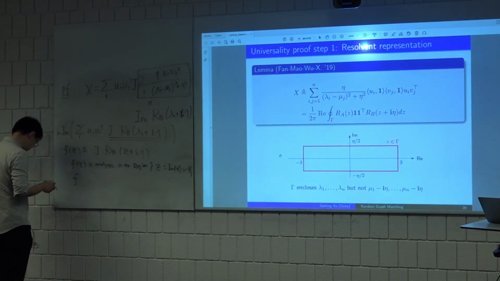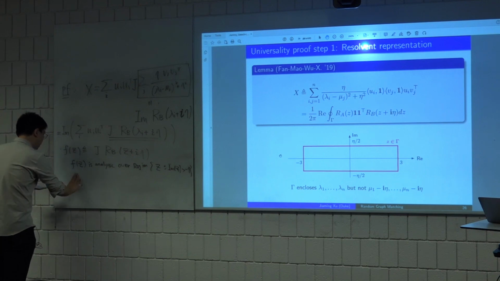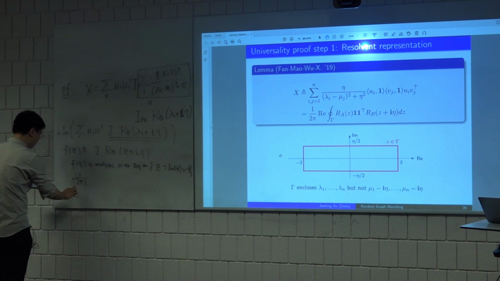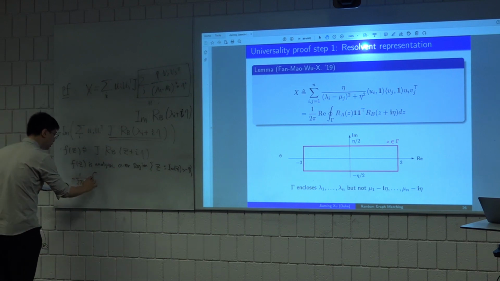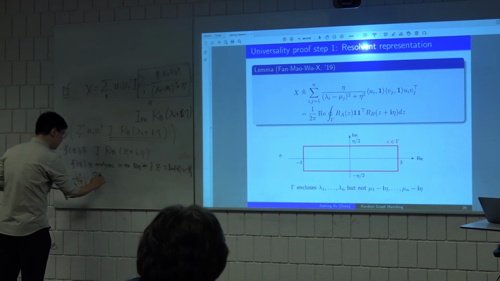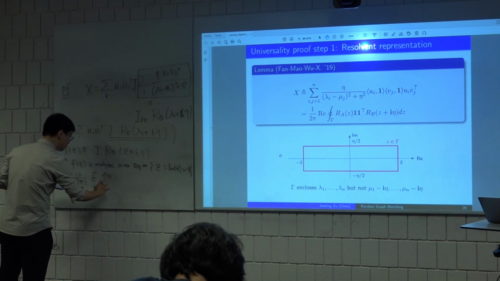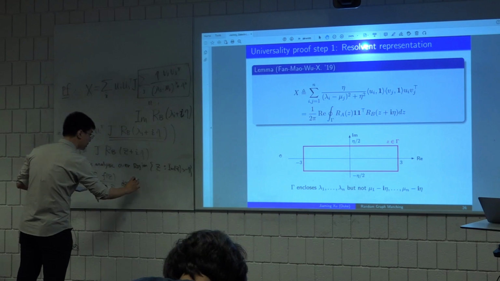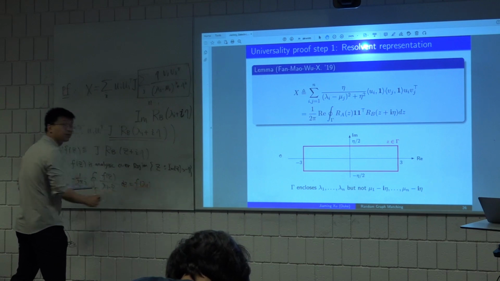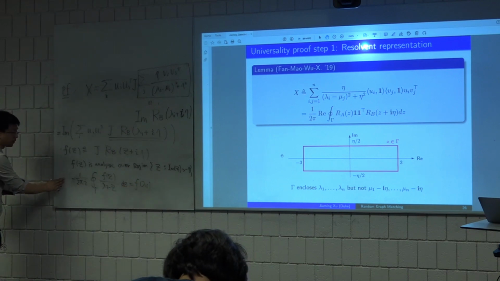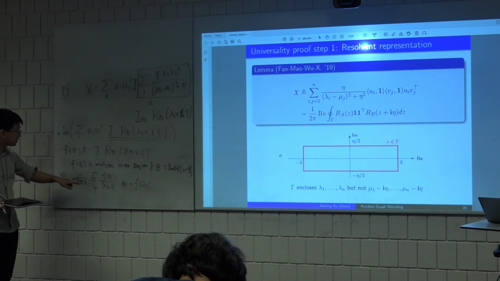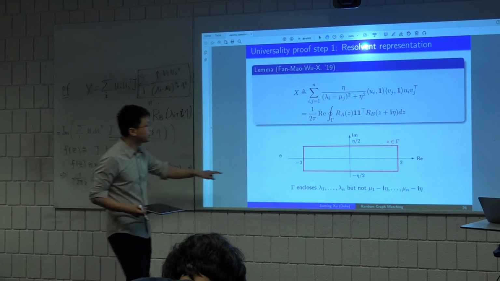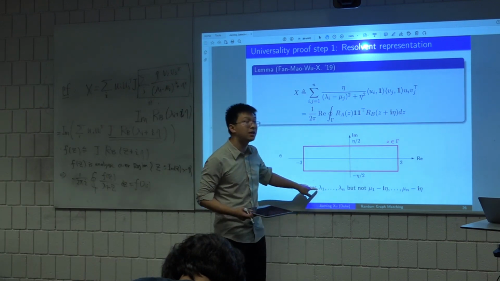Basically, this is from the Cauchy integral formula. So minus 1 over 2 pi i, the integral over the contour of f(z) over lambda_i minus z dz, should be f(lambda_i). This actually comes from the contour integral form. The reason is that my contour actually encloses all these eigenvalues lambda 1 to lambda i.